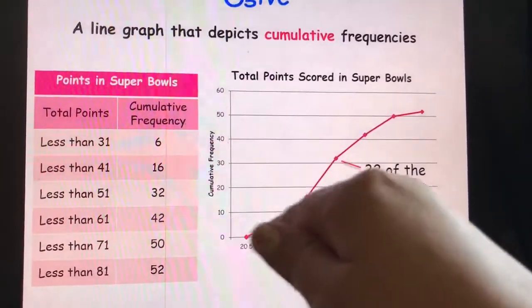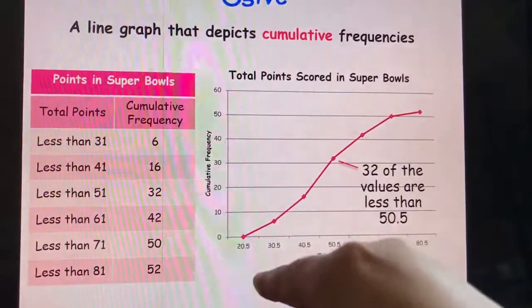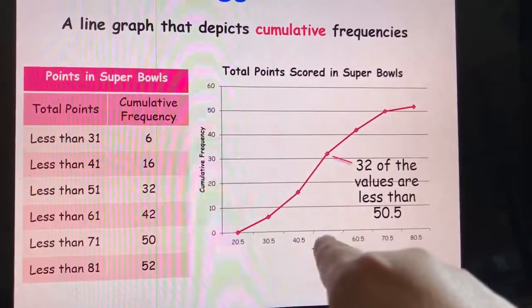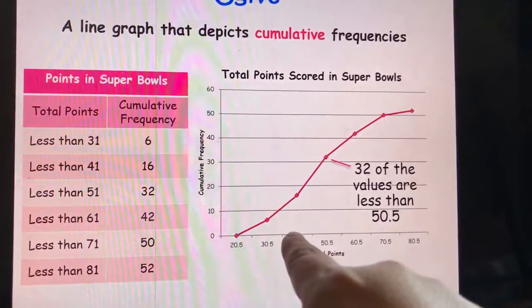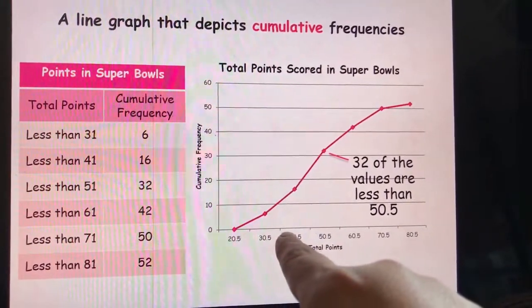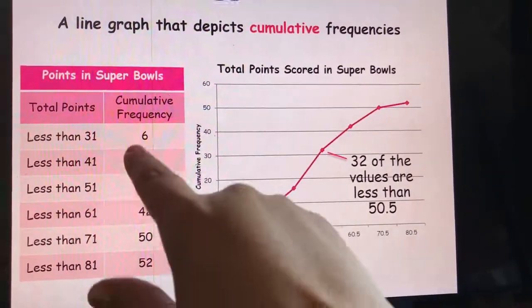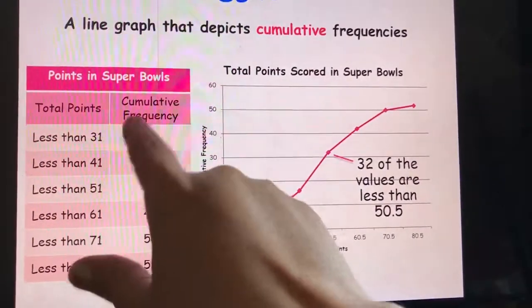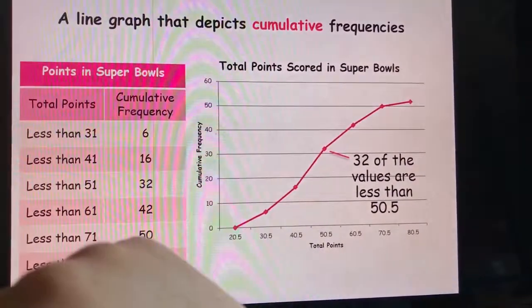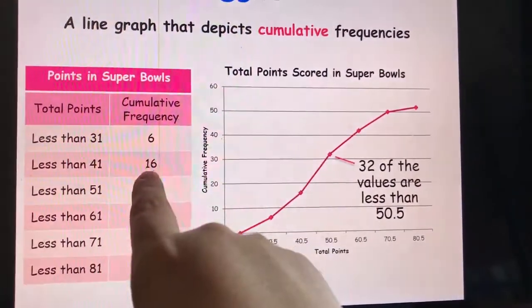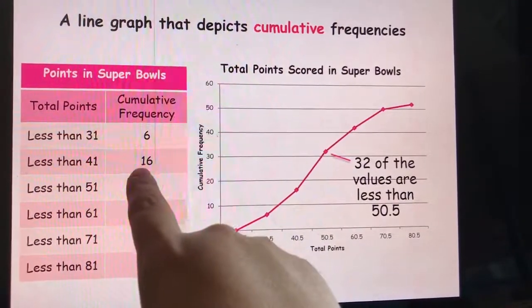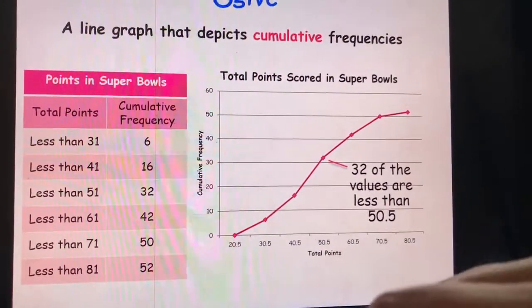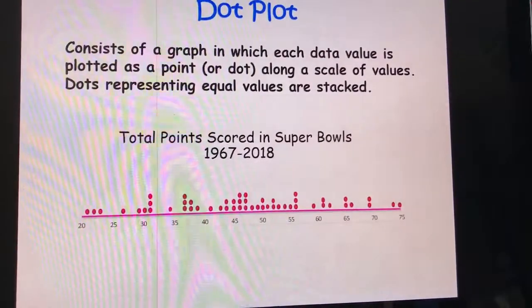The ogive you can't get the original from, because all you know is that there are 16 less than 41. All 16 of them could be 35. Well, I guess you do know that less than 31 is 6, so all 10 of these could be 35, I should say. But you don't know what they are unless you actually have the original to look at.